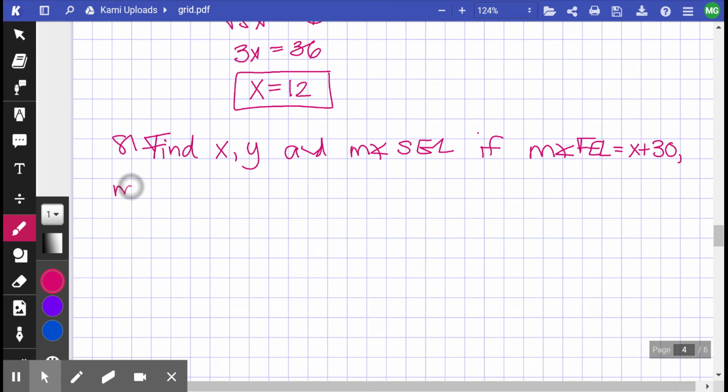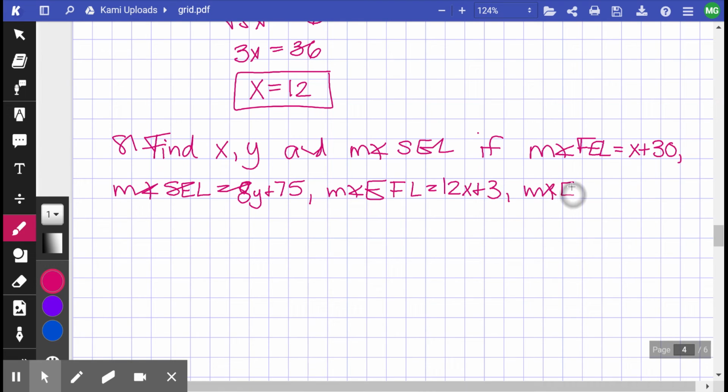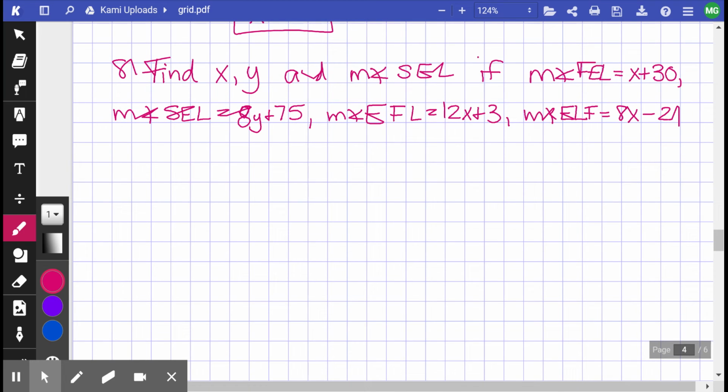The measure of angle SEL, which is one of the angles we're looking for the measure of, equals 8y plus 75. The measure of angle EFL equals 12x plus 3. And the measure of angle ELF equals 8x minus 21. So here is your picture.